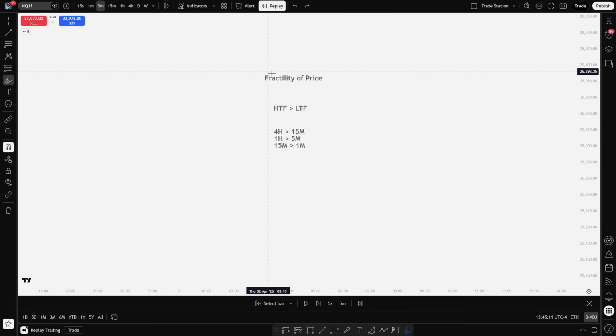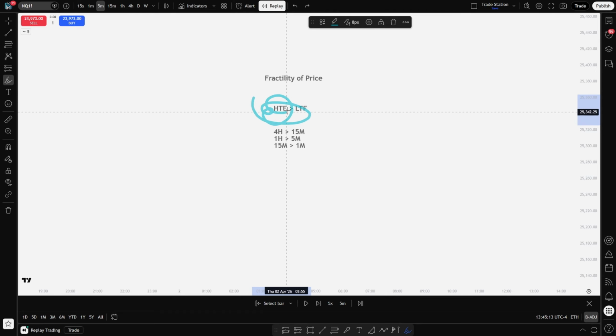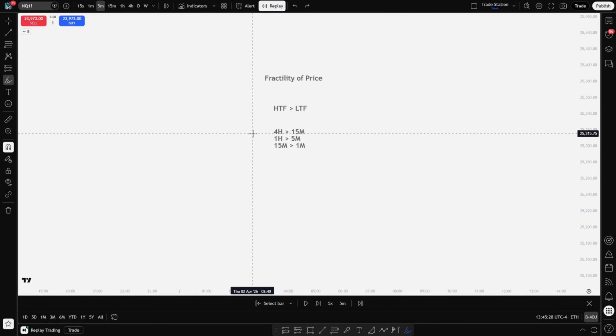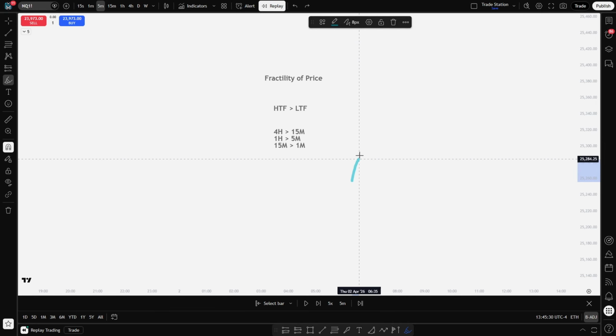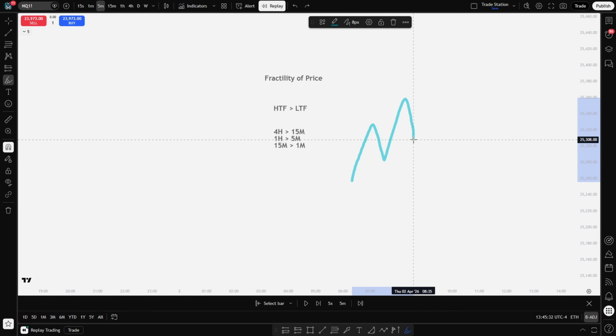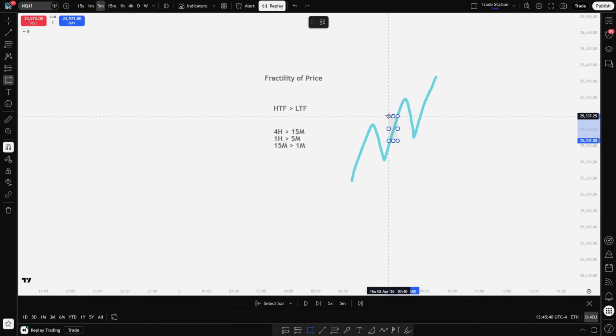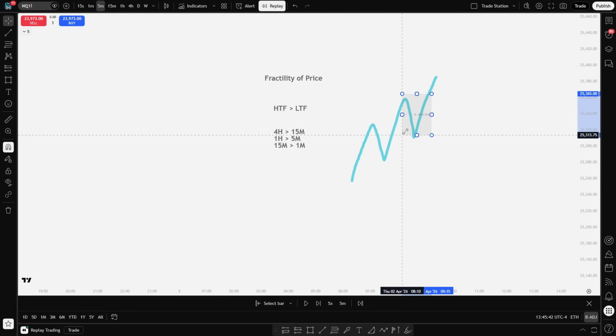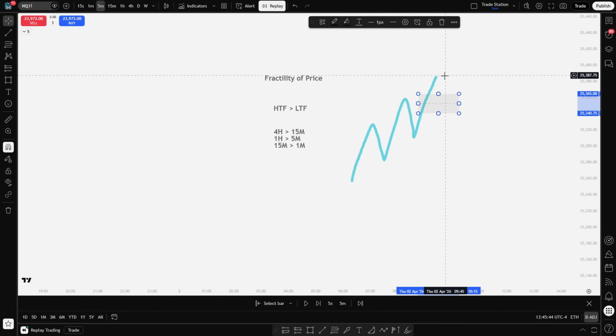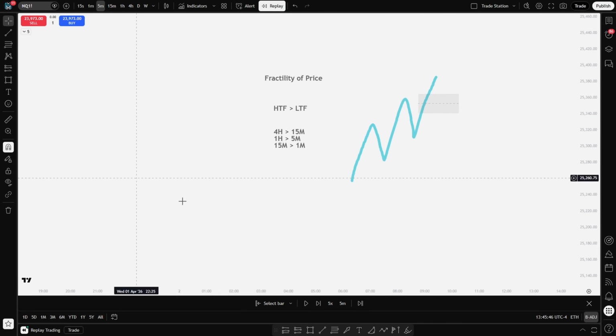And this you can use to your advantage because the higher time frame is more powerful than the lower time frame. This is how you can easily find direction for the day in price. Say the 4-hour is going up and down, just like the first example. And you have a fair value gap opening up here on the 4-hour, new fair value gap. So what do you think price is going to do next?